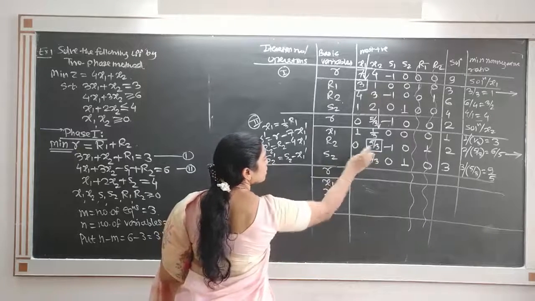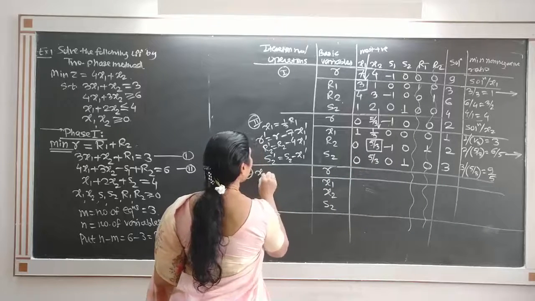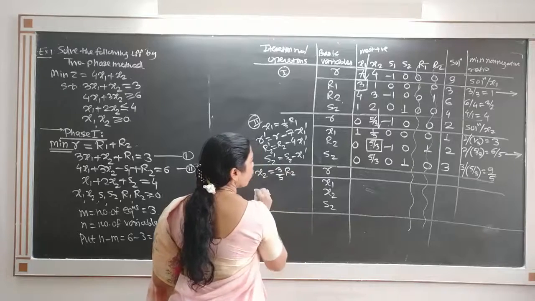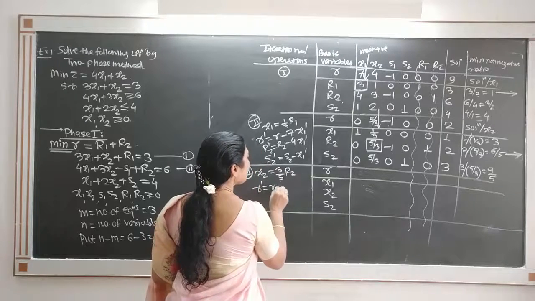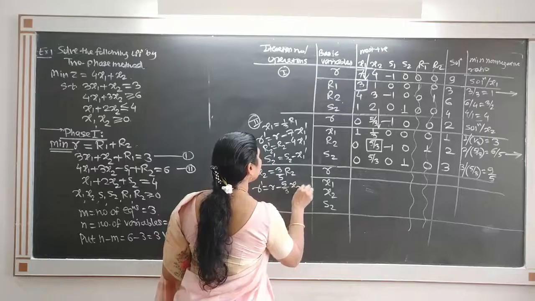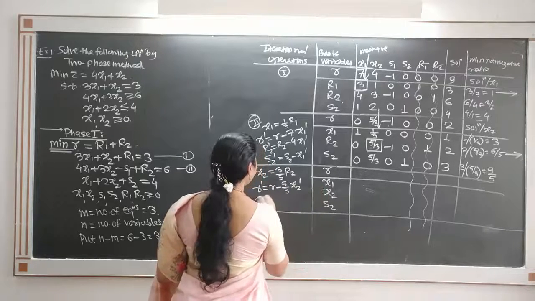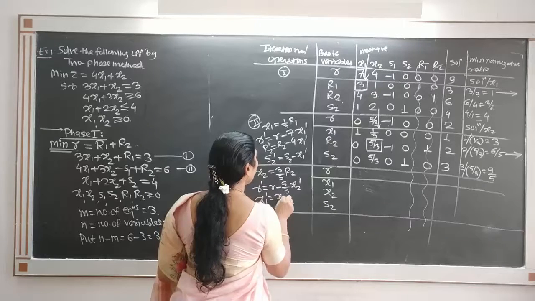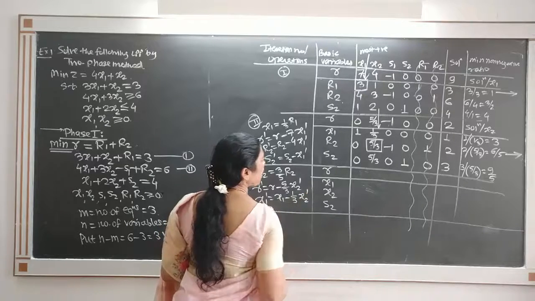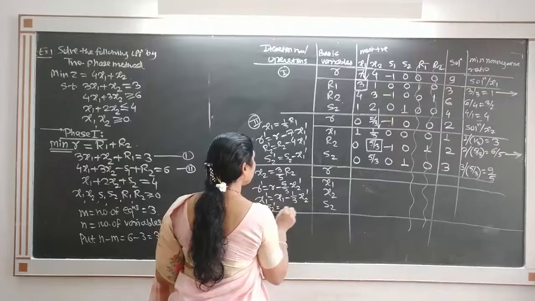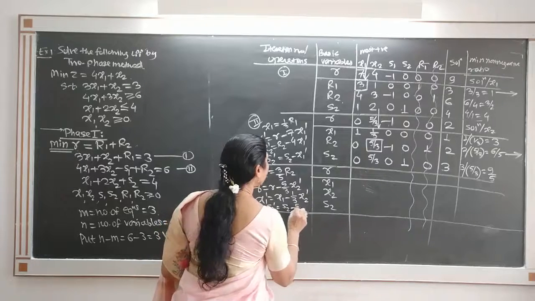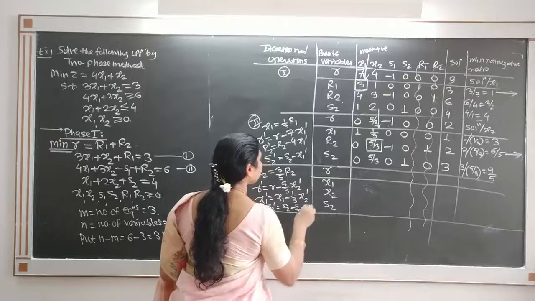We have to make this element 1, that is our new X2 becomes 3 by 5 times R2 row. New R row becomes R minus 5 by 3 times x2 dash. New x1 row becomes x1 dash is equal to x1 minus 1 by 3 times x2 dash, and new s2 row becomes s2 dash is equal to s2 minus 5 by 3 times x2 dash.